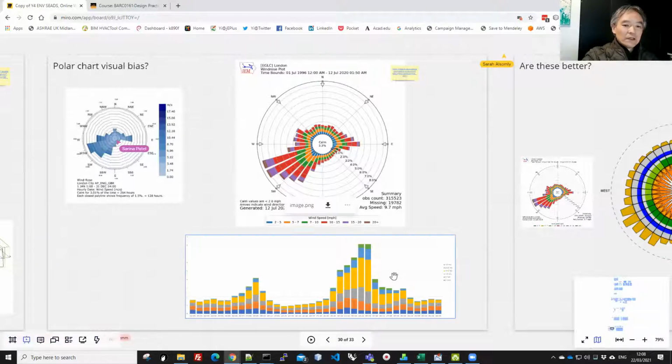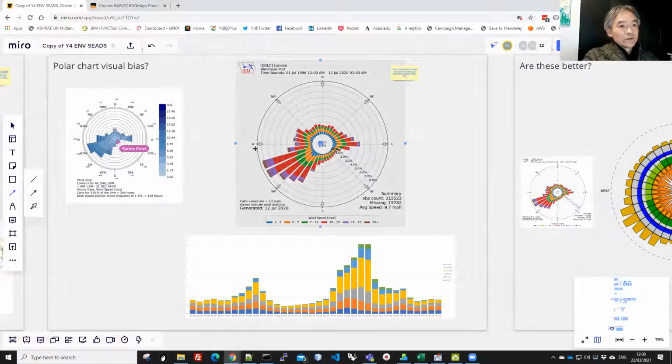The bar chart underneath is exactly the same data as the one above, right? You still see that more wind is coming from these directions, but nothing as dominating as when you view it on a polar chart like this. And the most obvious example is these two. Let me see, I can draw on this.